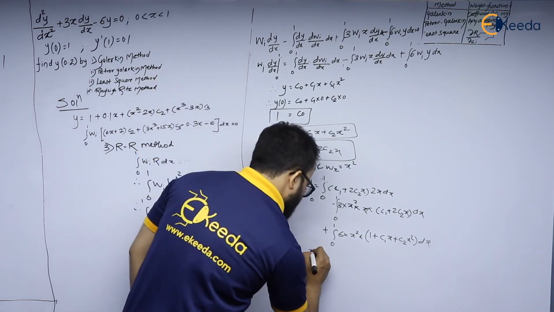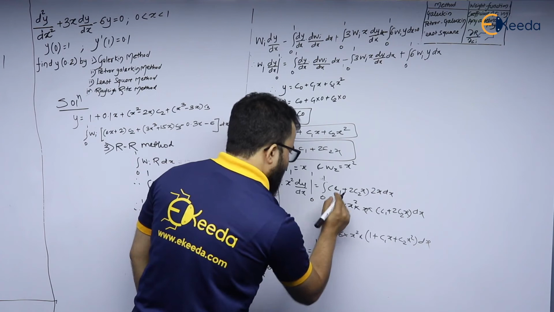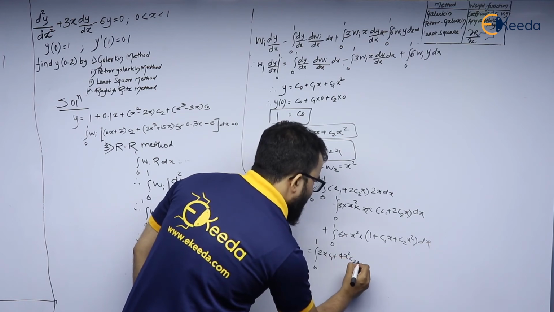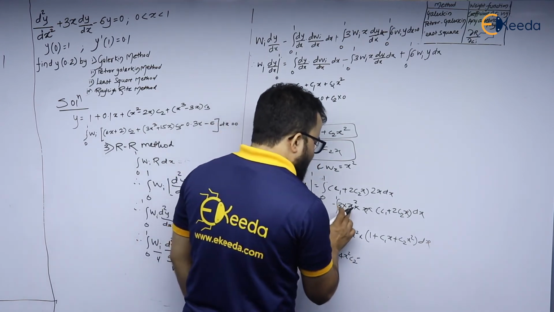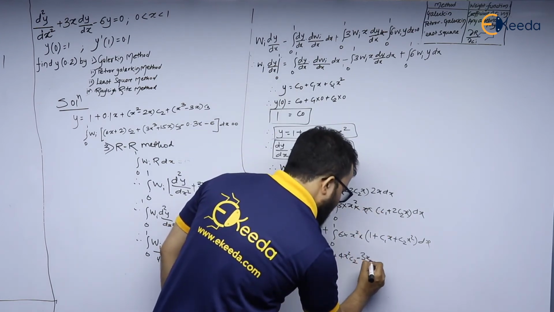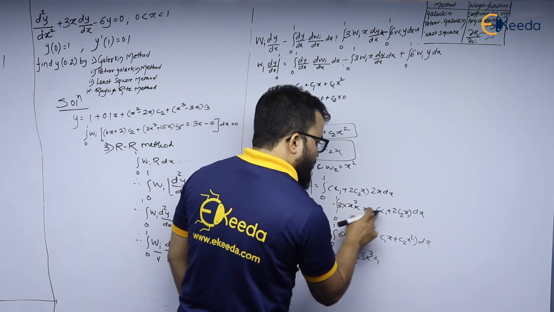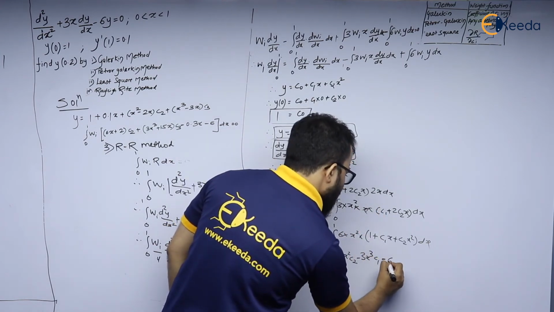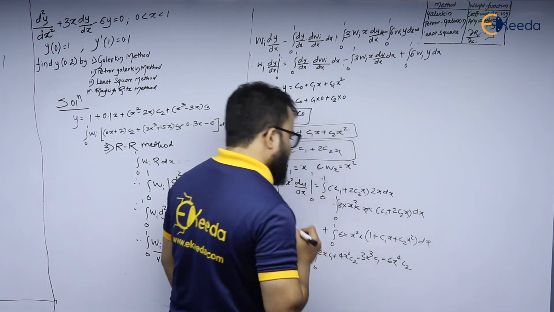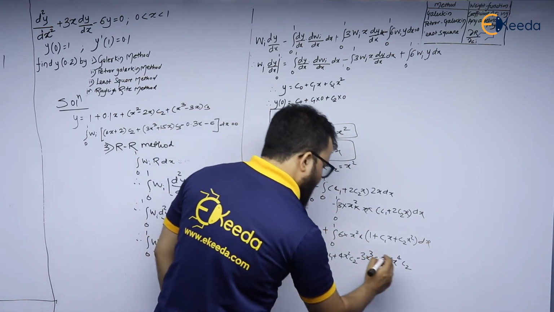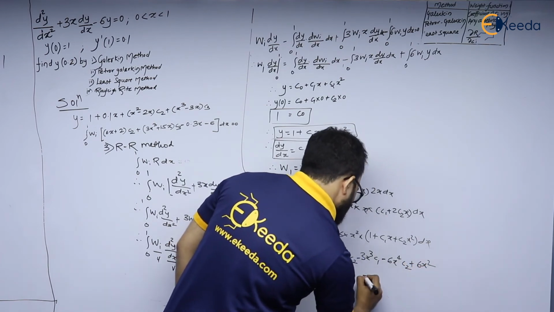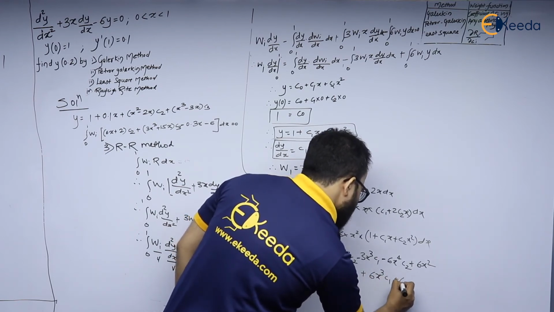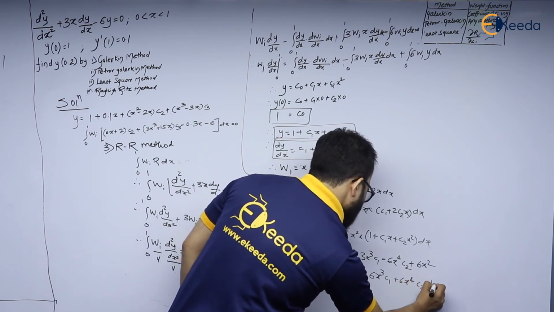You will get, from 0 to 1, 2x c1 plus 4x square c2 minus 3x cube into c1, minus 6x raised to 4 c2, next plus 6x square plus 6x cube c1 plus 6x raised to 4 c2 dx is equal to 0.